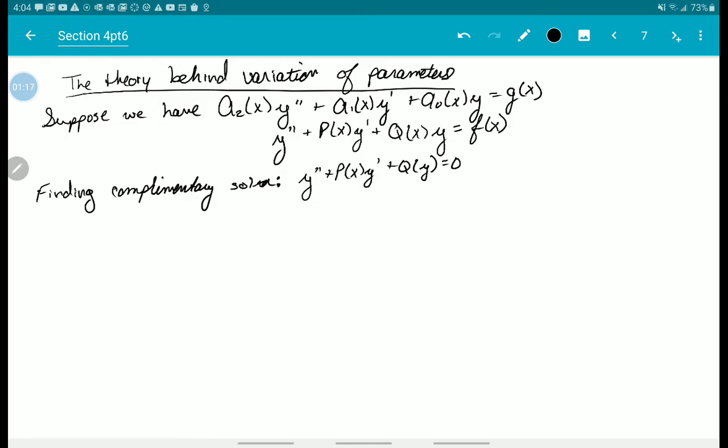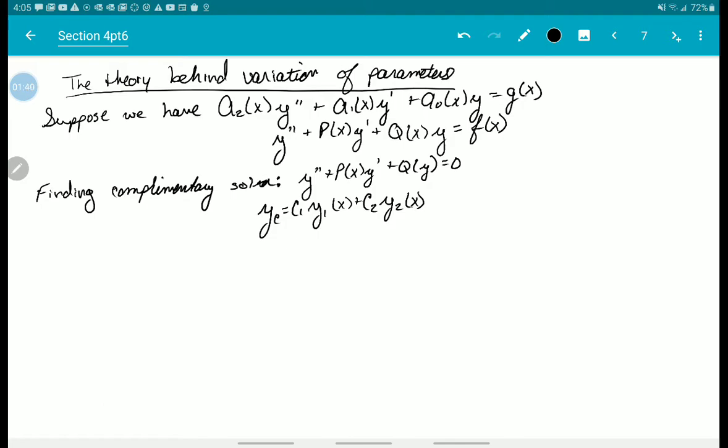And when we do that, since this is second order, we would end up with two functions that would satisfy that, y1 of x and then y2 of x. I'm just going to call them y1 and y2 later for short. So then our complementary solution would look like c1 y1 plus c2 y2.